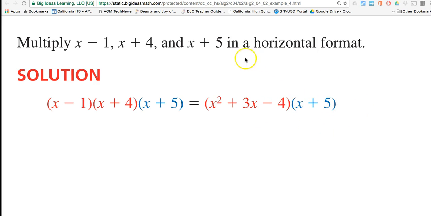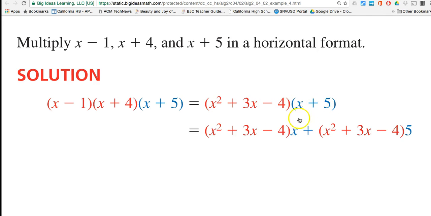And since we're doing this in a horizontal format, we're going to take this entire polynomial and multiply it by each term in our third polynomial.